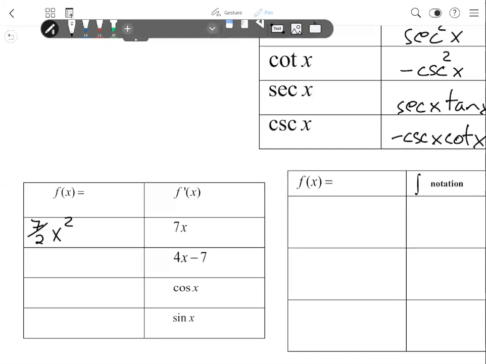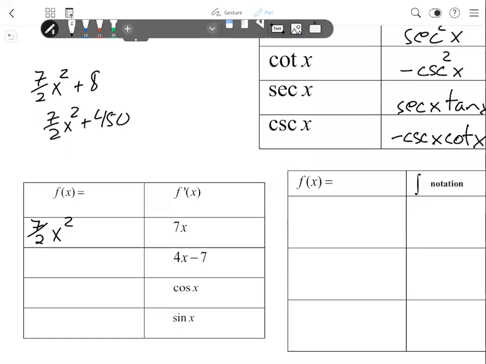And so you would think that that would be right. However, look at this, for example. What is the derivative of 7/2 x squared plus 8? It's 7x. And what's the derivative of 7/2 x squared plus 450?